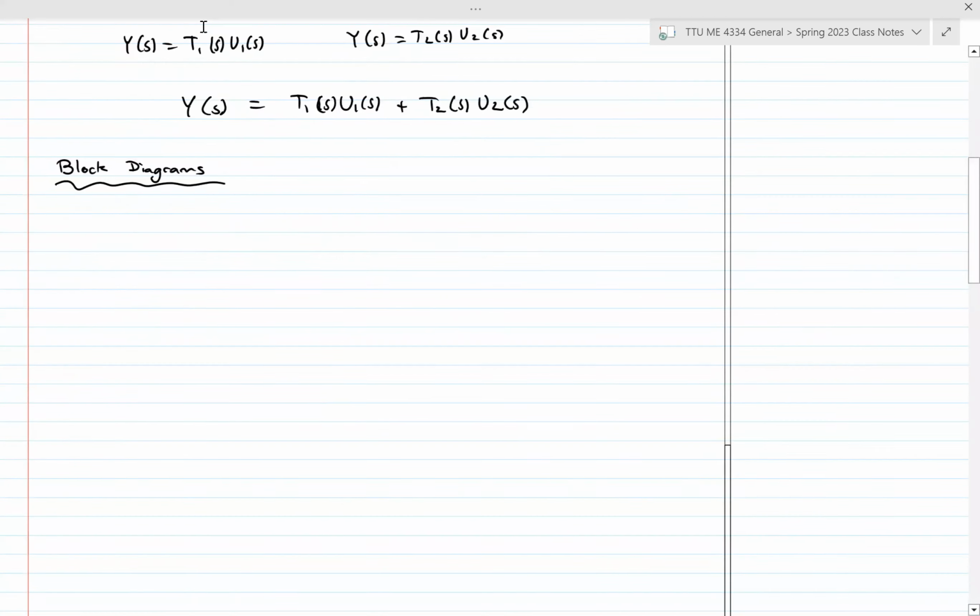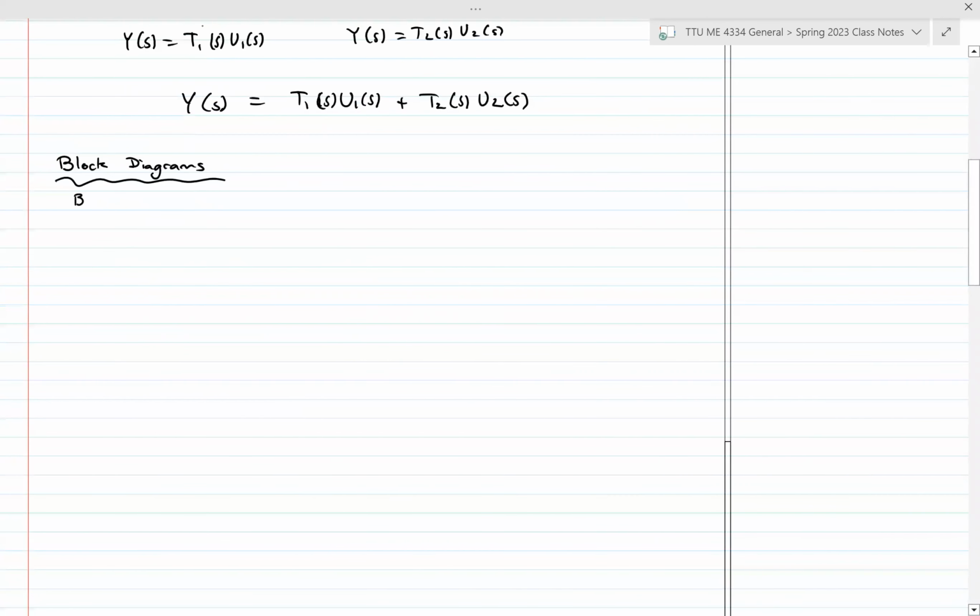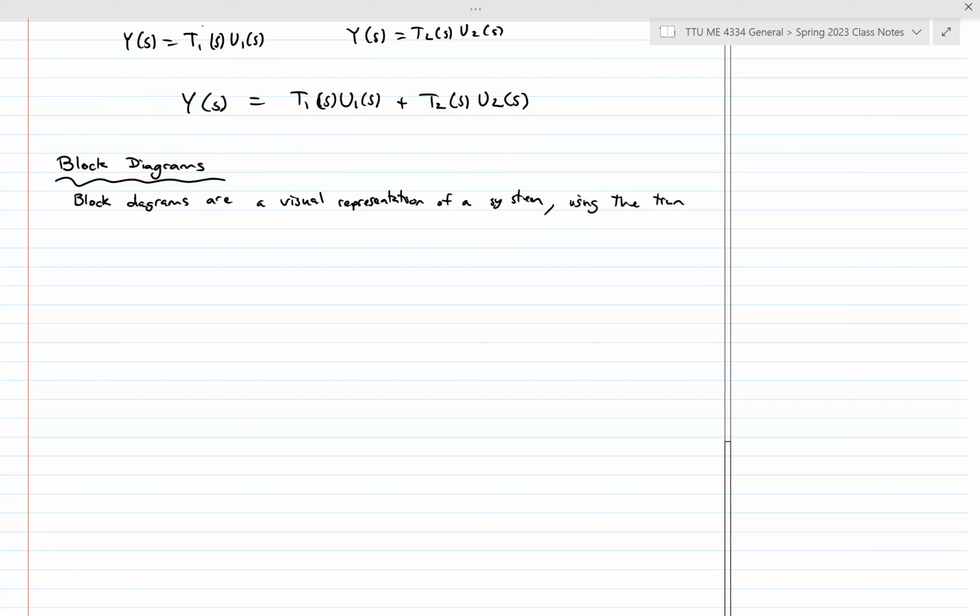So block diagrams, what are they? Block diagrams are a visual representation of a system using transfer functions.